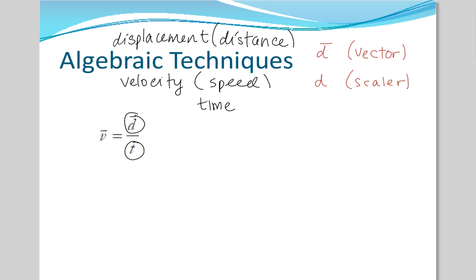Now, what happens if t is very, very large and d is very, very small? You're going slow. So in terms of slope, what would this look like? What goes on the y-axis, d or t? d. And what goes on the x-axis? t.